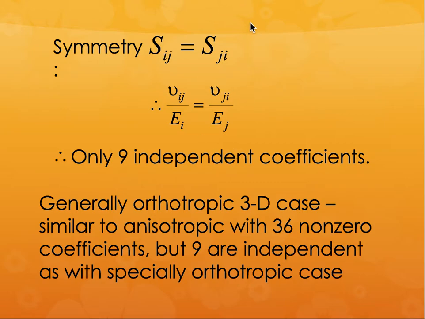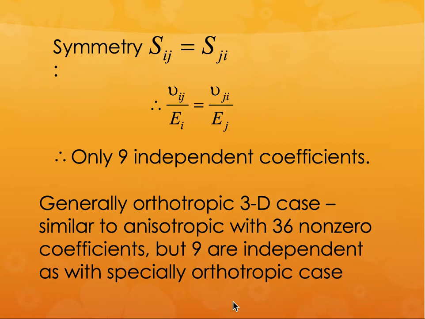And if you have symmetry, you are also going to have Sij equal to Sji. That means you will end up with only 9 independent coefficients. So if you have an orthotropic material, it needs only 9 independent coefficients.